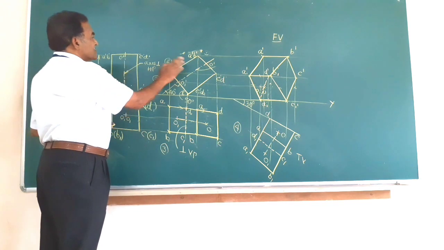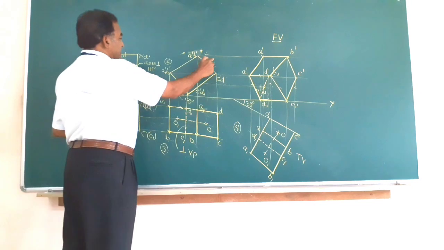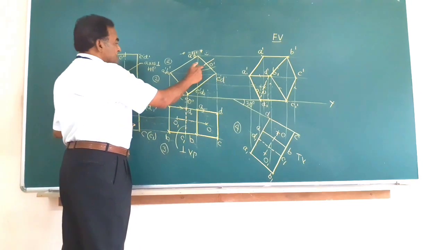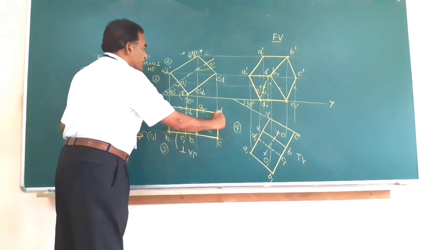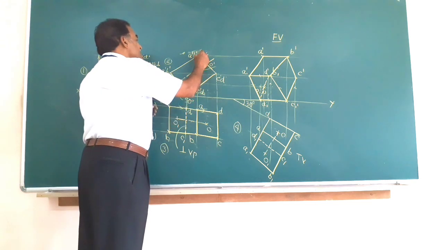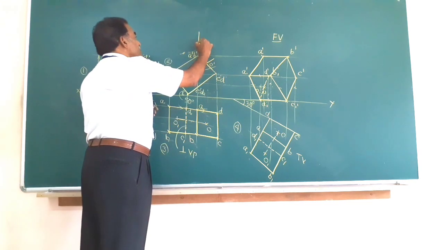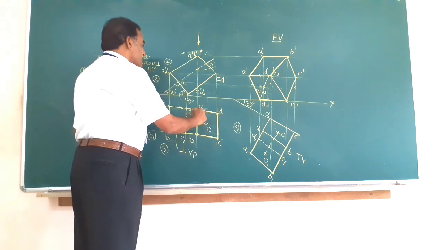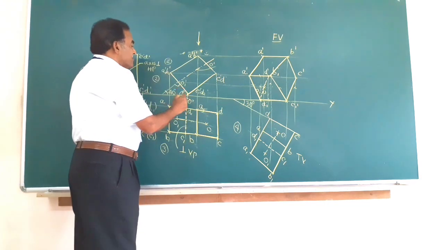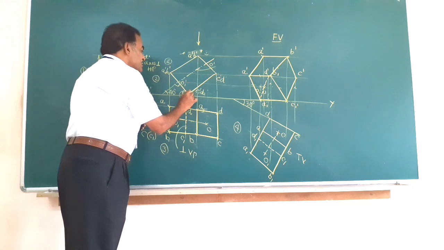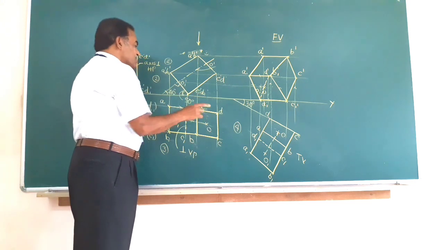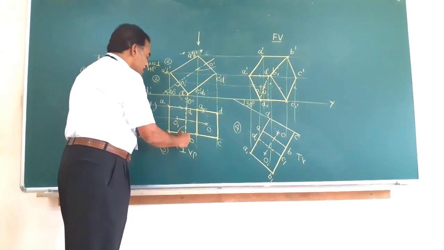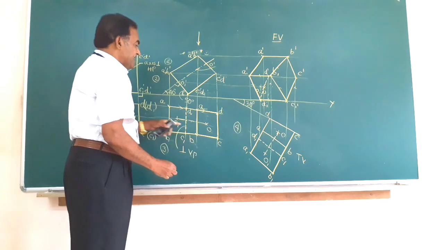Figure number 1 is redrawn with the axis making an angle of 40 degrees with HP, and I got the top view. In the top view, this face was visible to the observer. That ABCD, I have shown by full lines, visible lines, and for the bottom face, the edge C1 dash, B1 dash on which it was resting was invisible, hence I have shown it by a dotted line.